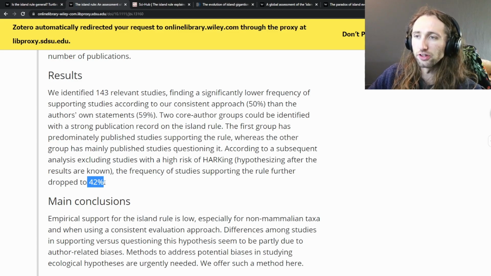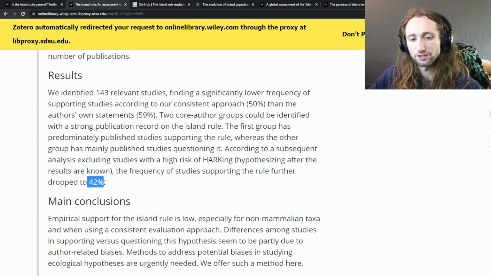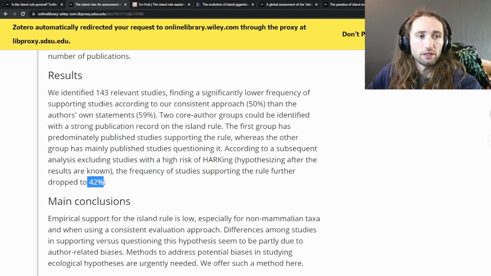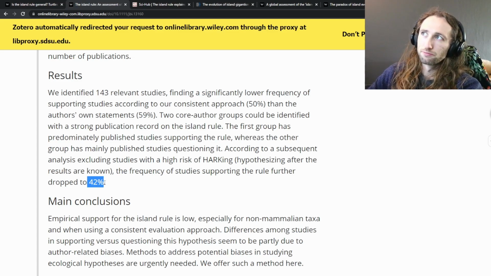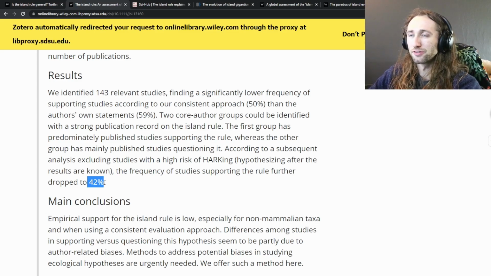So essentially, they're saying that if you look at an island and look for this island rule of large taxa becoming smaller and small taxa becoming larger, it's more or less a coin flip. Which, in this case, based on the definitions, kind of gives evidence to it not actually being a thing, right?